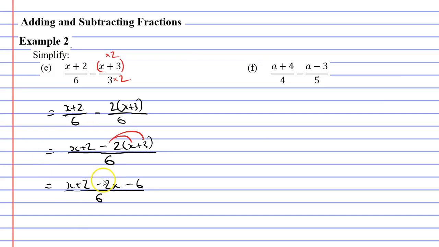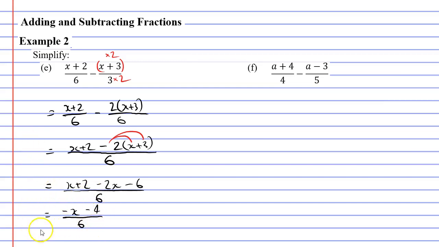What's x minus 2x? Well, that will give us minus x. And what's positive 2 minus 6? Well, that will give us minus 4, like so. All of this is over 6.